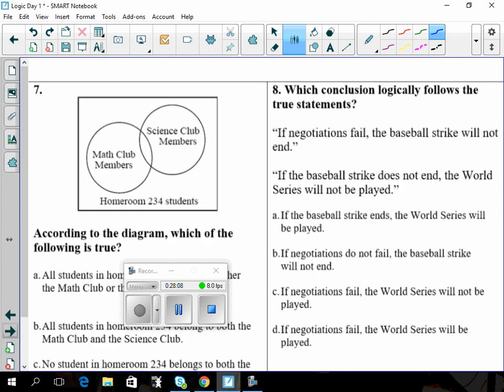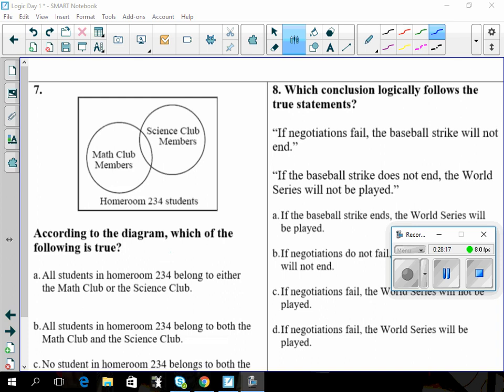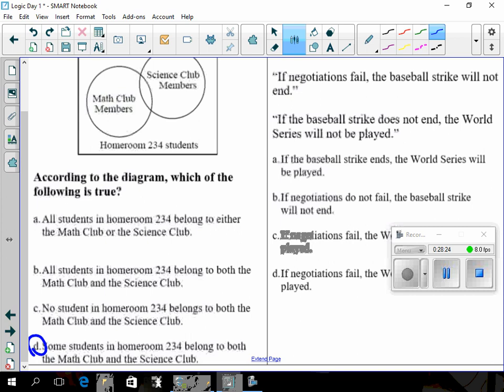All right, we've got one more to do before lunch here. According to the diagram, which of the following is true? B. Let me see what I got. B as the boy. I got D as a dog. Oh, B. Look at the Venn diagram. Can't I get rid of all? Because in the all, I don't have one circle inside of the other. Would you agree? The some makes sense because the some looks like where the two overlap.